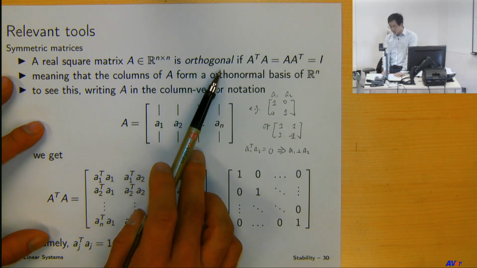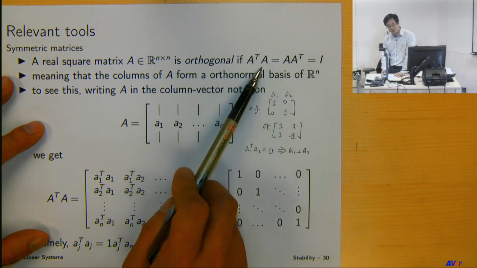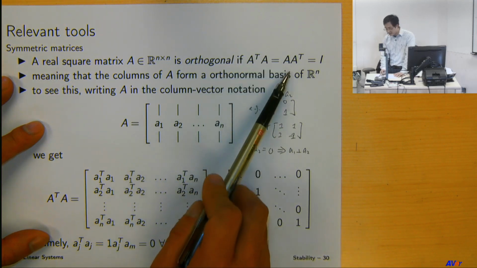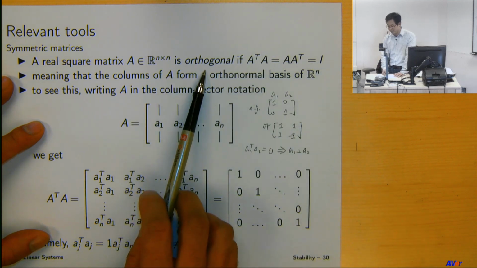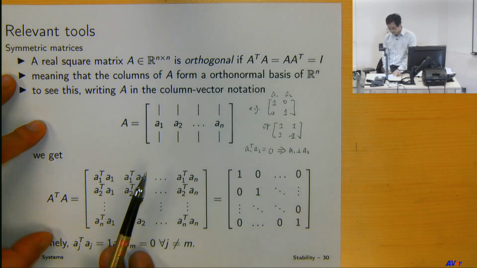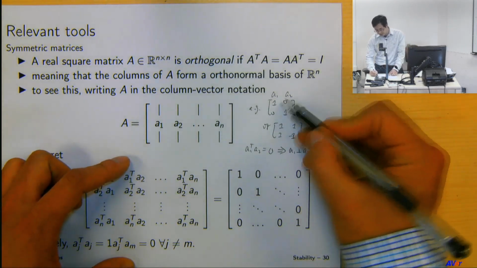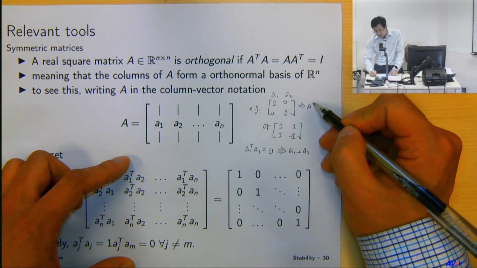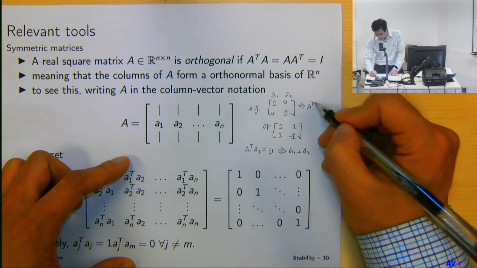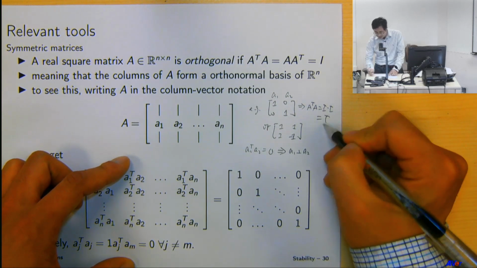It can be more compactly verified by computing A transpose times A or A times A transpose. If it equals identity, it's called an orthogonal matrix. You can check this easily for the identity matrix: A transpose is also identity, so A transpose times A is identity times identity, which equals identity.